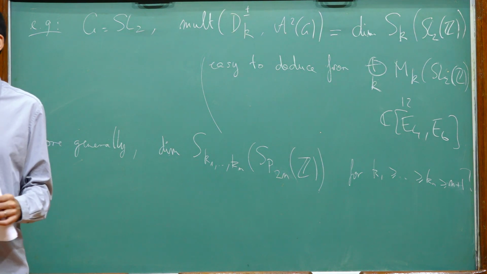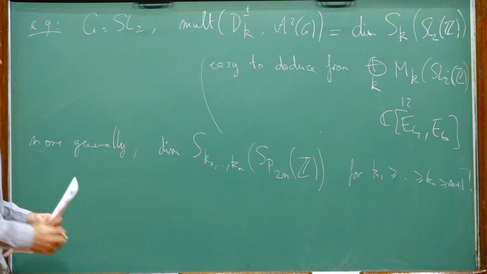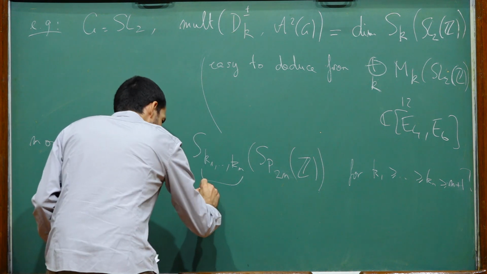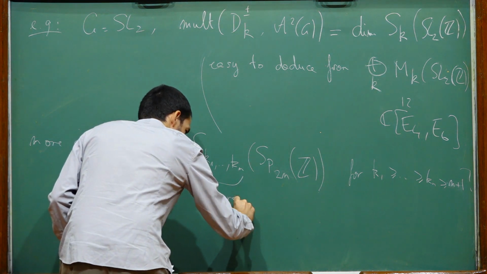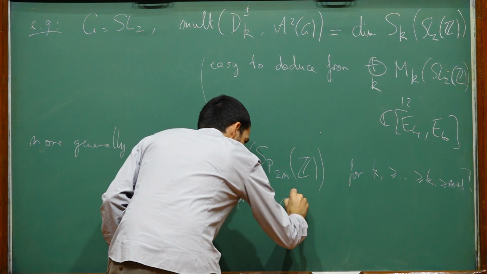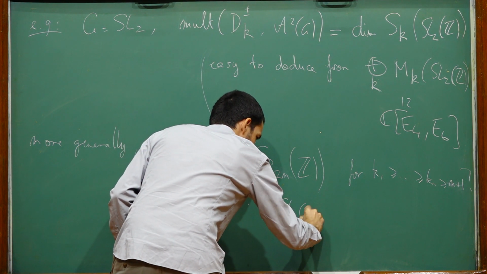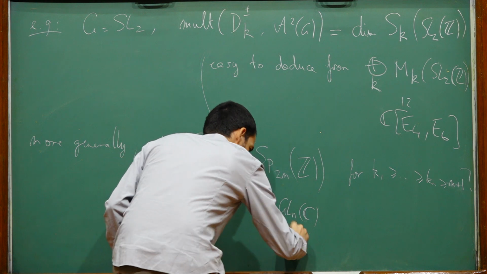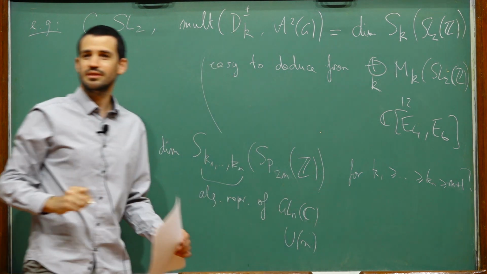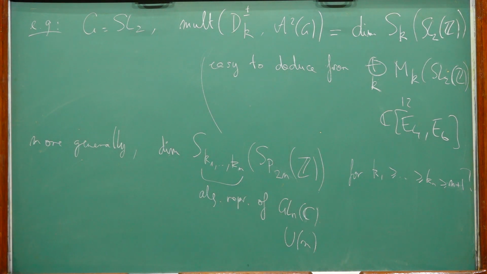Yes. So this corresponds to an algebraic representation of GLn of C, or representation of Un, if you prefer, and that's what gives you a holomorphic vector bundle.